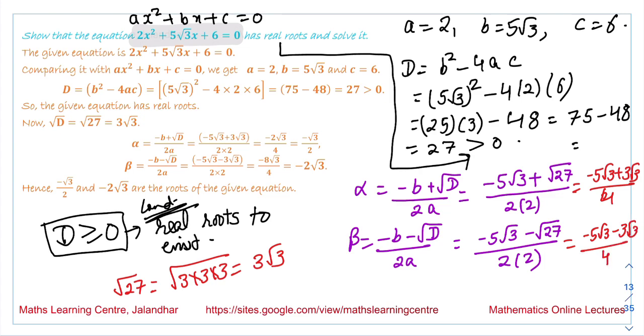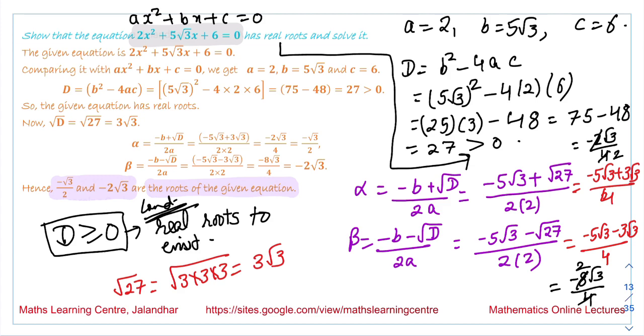So the final answers we have are minus 2 root 3 by 4 and minus 8 root 3 by 4. These two get cancelled, so we are left with minus root 3 by 2. These two get cancelled and we are left with minus 2 root 3. So these are the roots of the given equation.